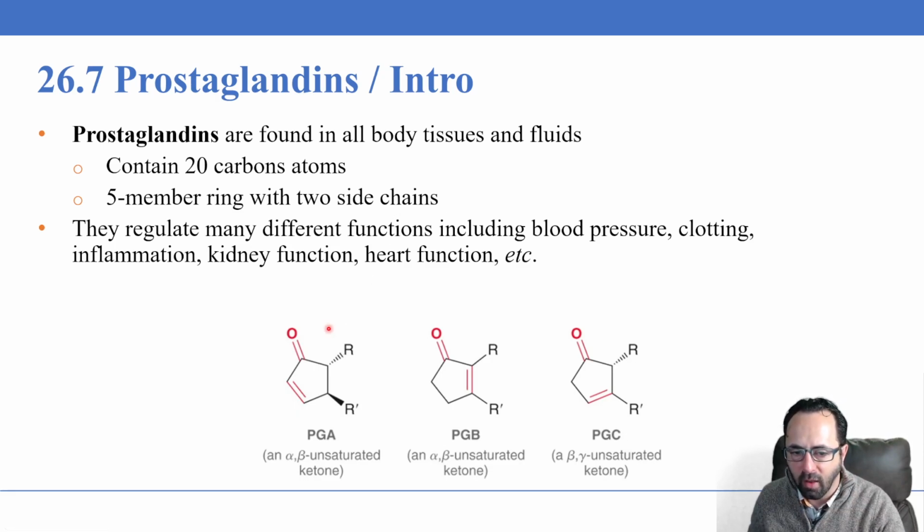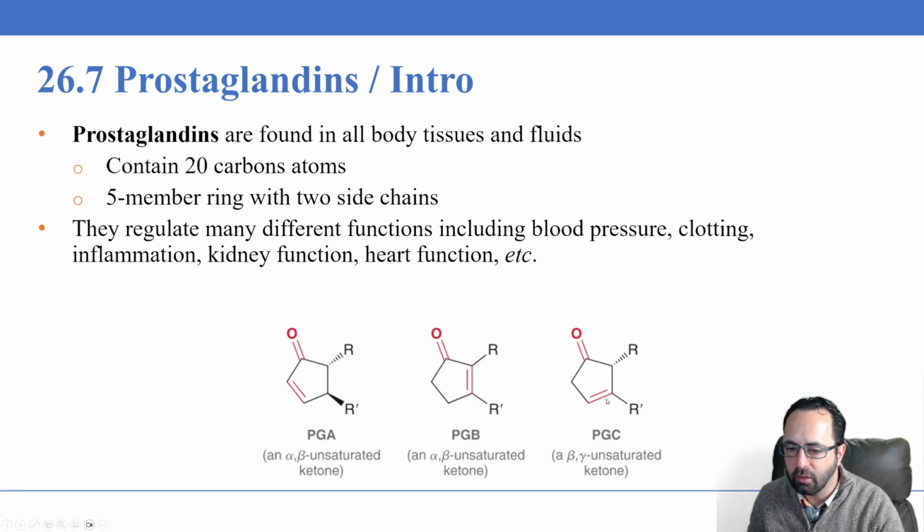And these are the 5-membered rings that you may see. They contain a ketone and an alkene group in different positions. So PGA here is an alpha beta unsaturated ketone, this being the alpha carbon, this being the beta carbon relative to the ketone. PGB is also an alpha beta unsaturated ketone, but it's on the other side here, attached to the larger groups of the prostaglandin.